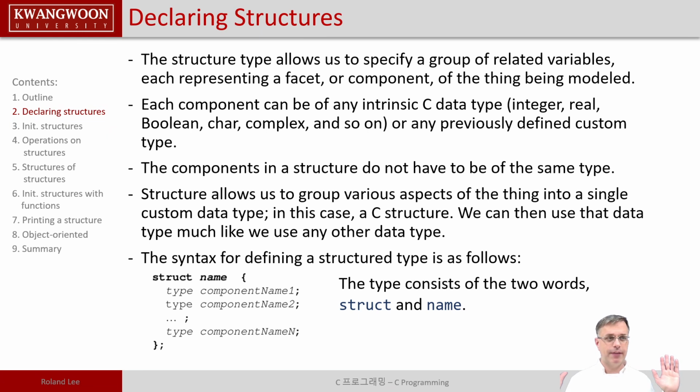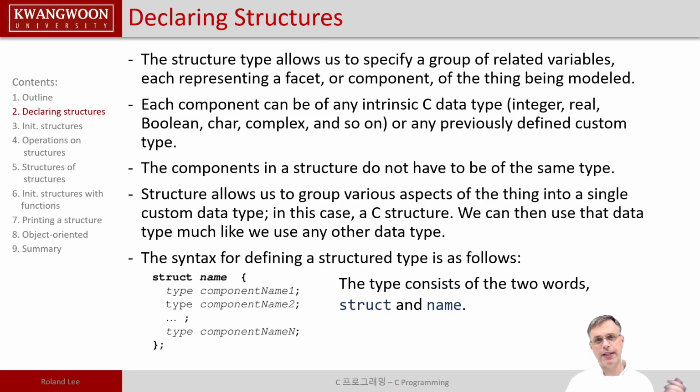But now let's declare structures. The structure type allows us to specify a group of related variables, each representing a facet or component of the thing being modeled. There may be just a few components in the modeled thing.